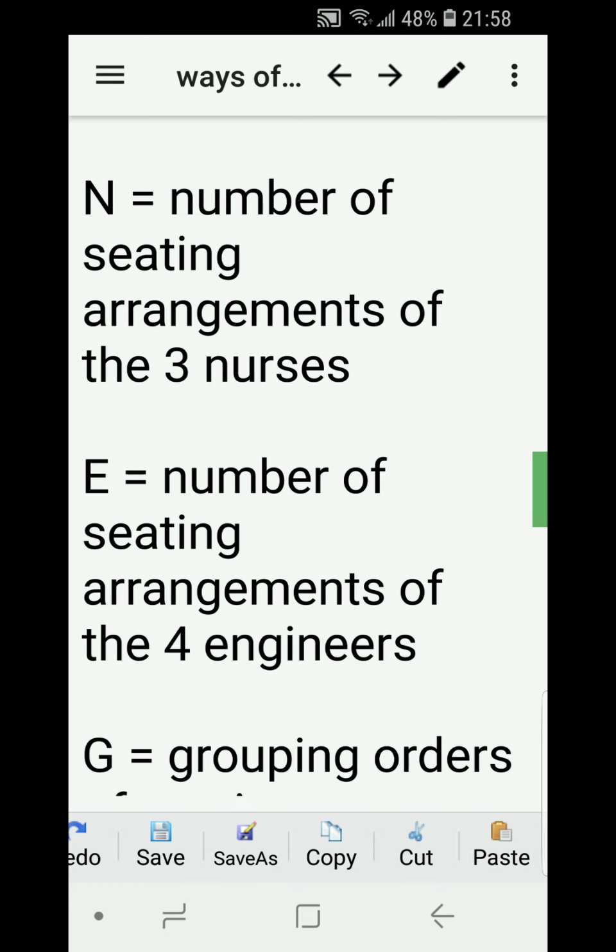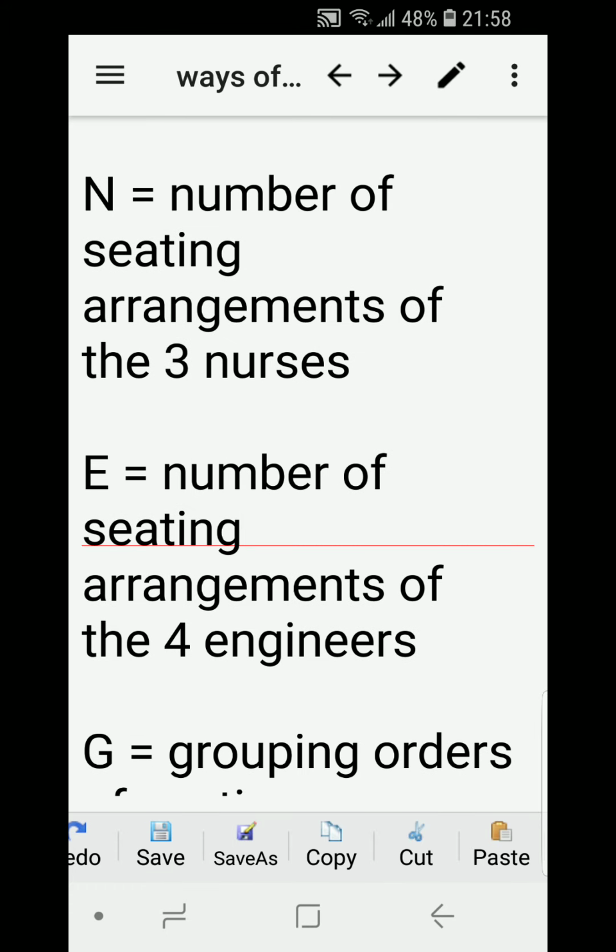N is the number of seating arrangements of the 3 nurses. E is the number of seating arrangements of the 4 engineers. So even though the 3 nurses are seated together, they still can, like nurse 1 can sit on the first, nurse 2 can sit on the third.